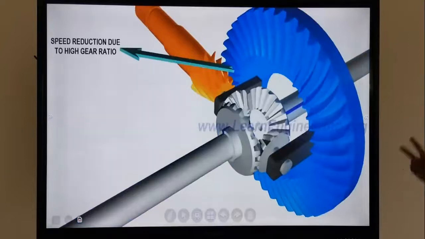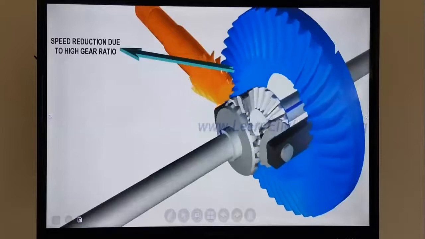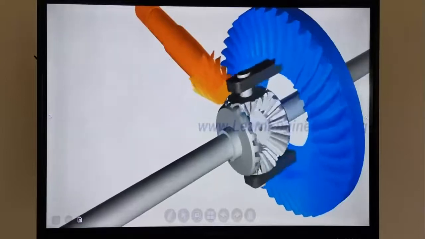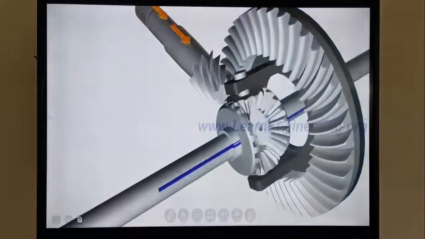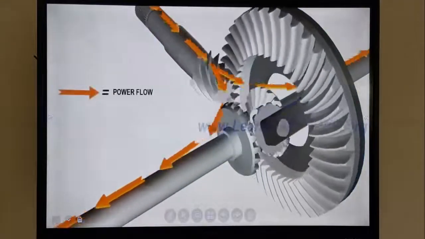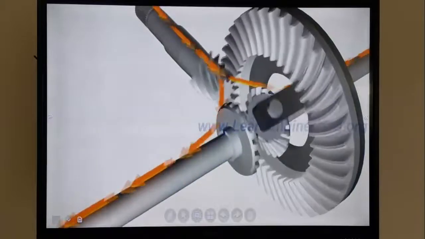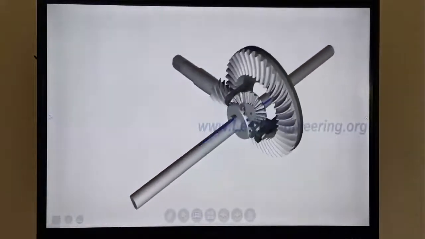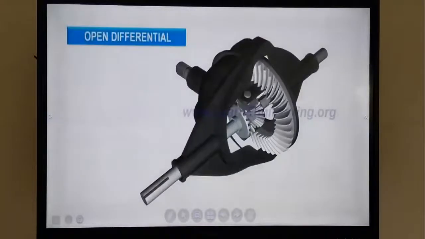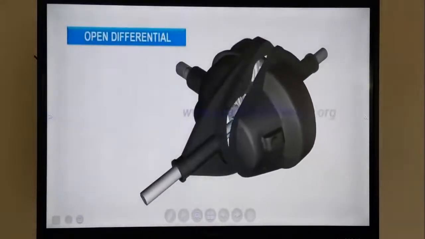The both wheels are separate, and they maintain different RPM when turning, depending on the condition. The second is speed reduction due to high gear ratio. The third one is that it can transmit the power flow to 90 degrees. So this type of differential we call the open differential.